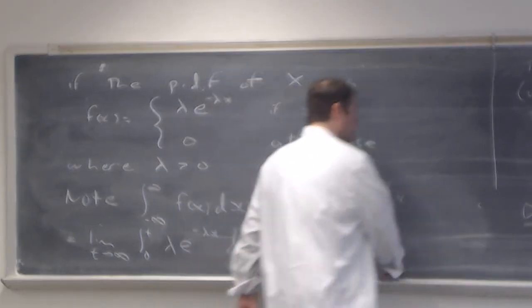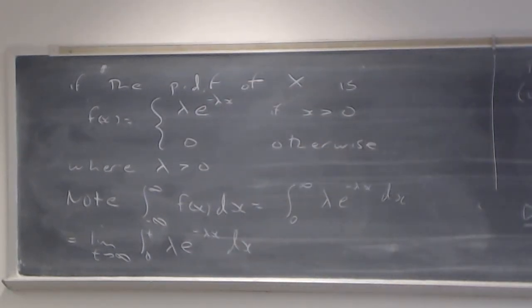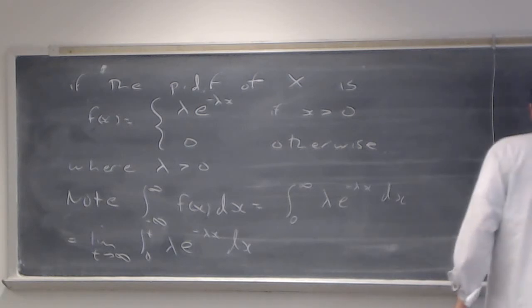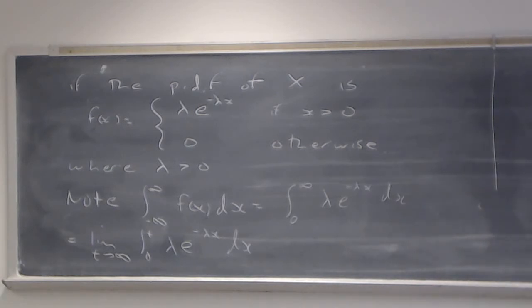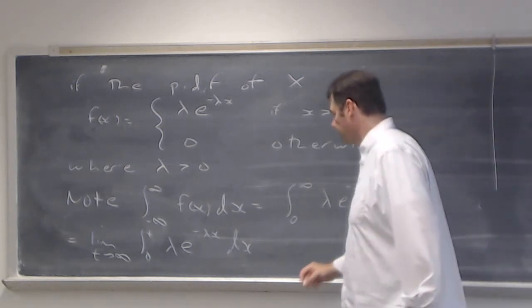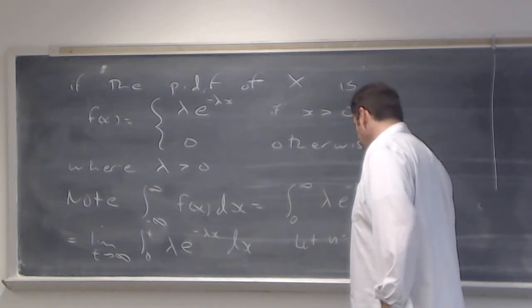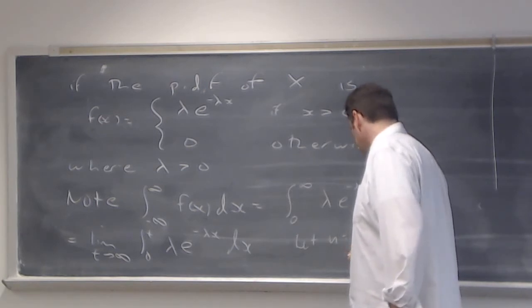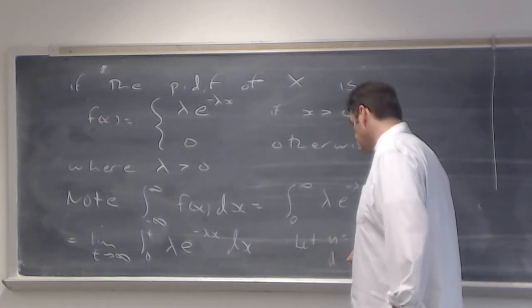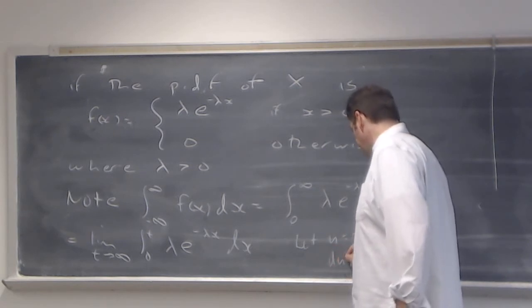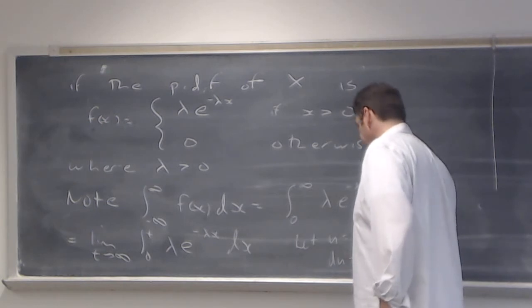The way that we can integrate this is through u substitution, so I'll take my time here. We'll let u equal minus lambda x, so du would be equal to minus lambda dx.